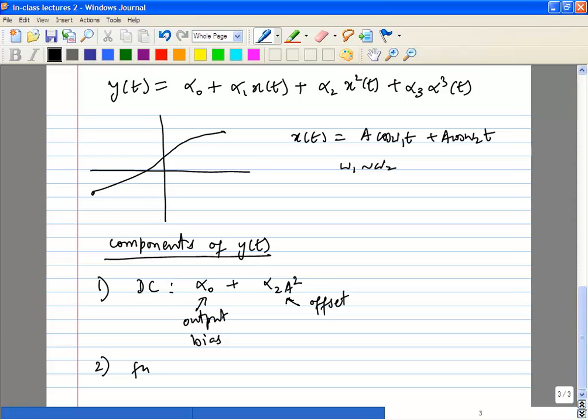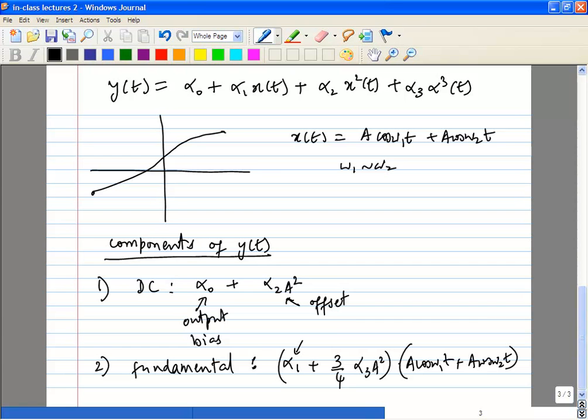Okay, how about the fundamental? So we saw that you have alpha 1 plus a term times the amplitude, and this is your desired gain term alpha 1.